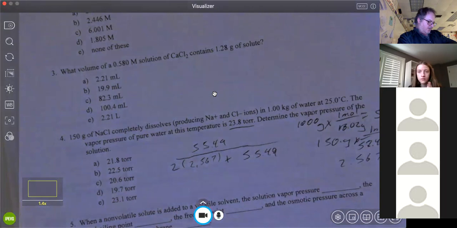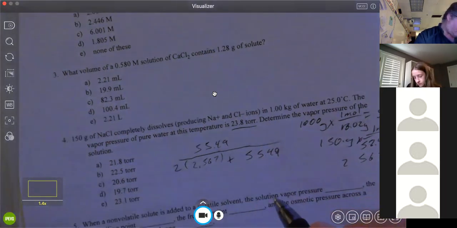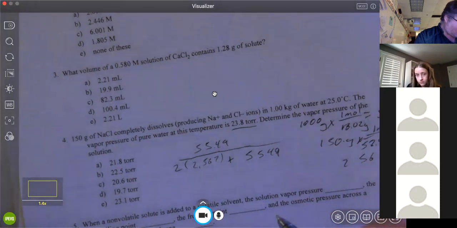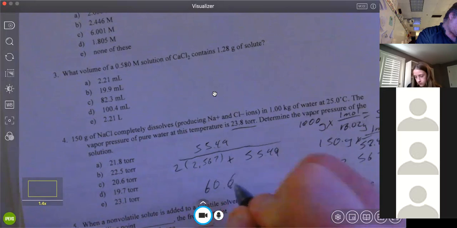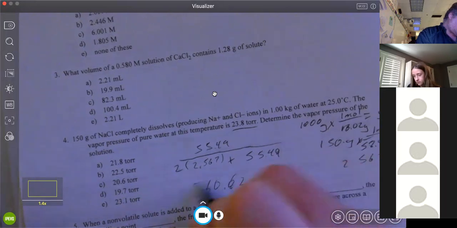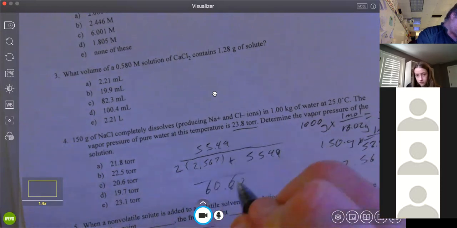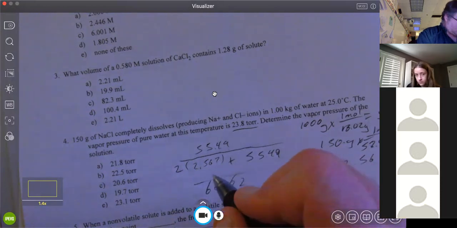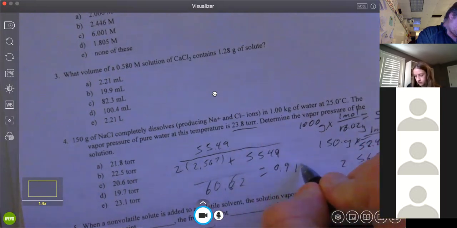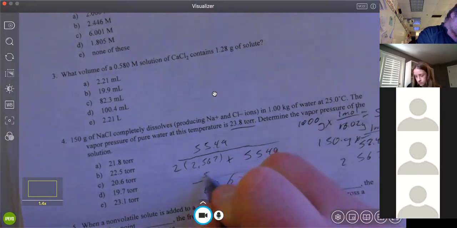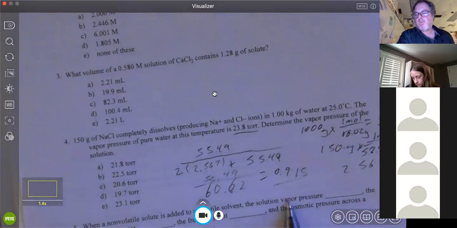Two times 2.5667 plus 55.49 is 60.6234. 55.49 divided by 60.62 is about 0.9153. So that's basically the mole fraction right there.